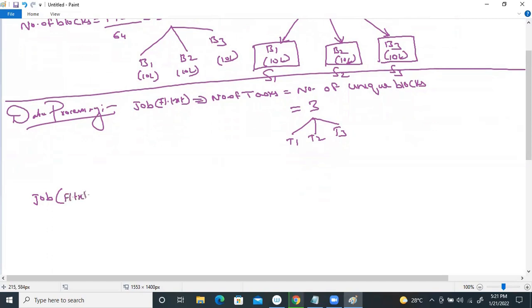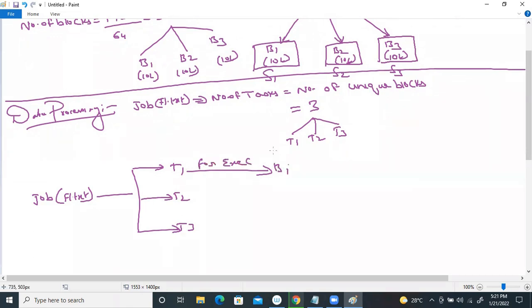The job is to process f1.txt, into T1, T2, and T3 tasks.